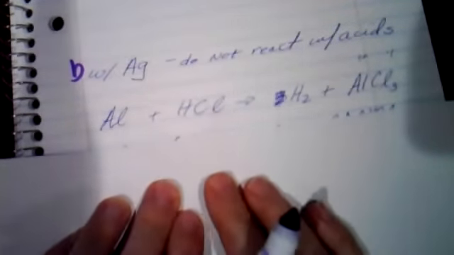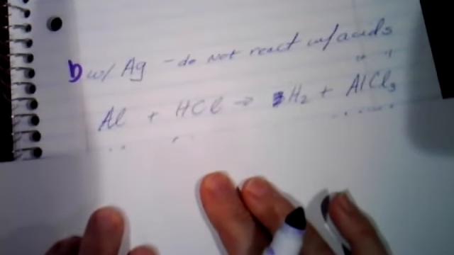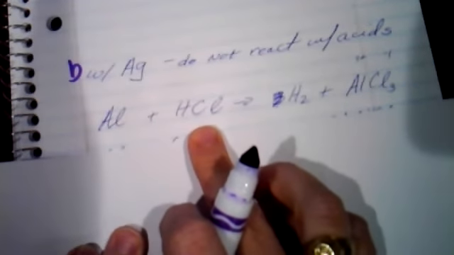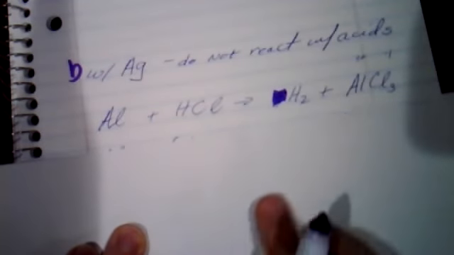And so then we're going on to C. In C, they wanted us to react aluminum with hydrochloric acid, which is what we have right here. This is crossed out. It looks like a 3, but it's crossed out just so that you'd see it.